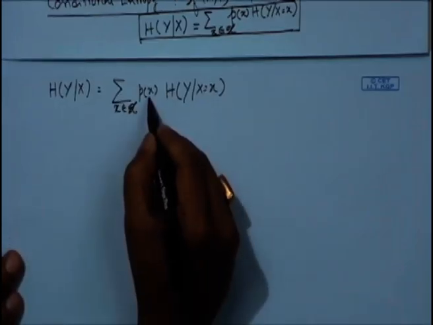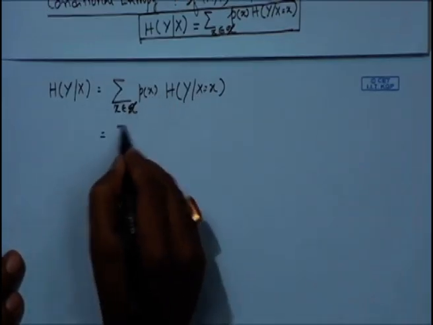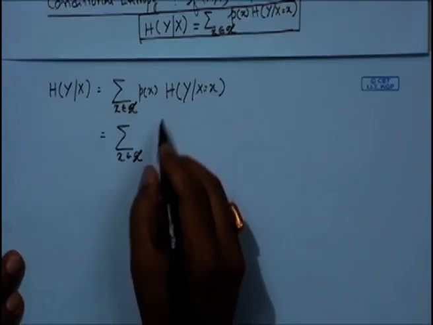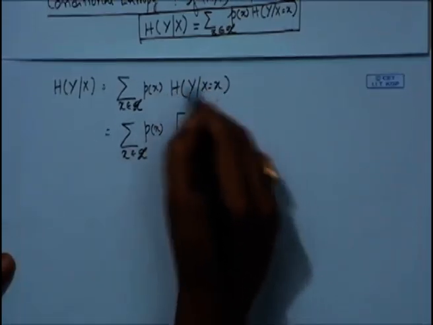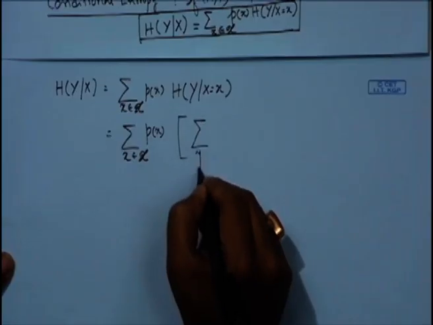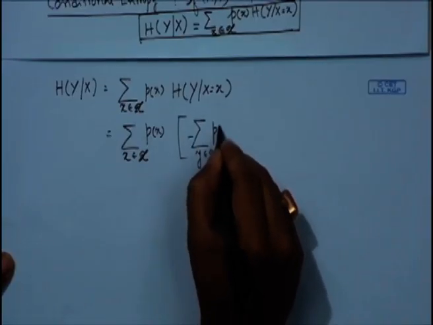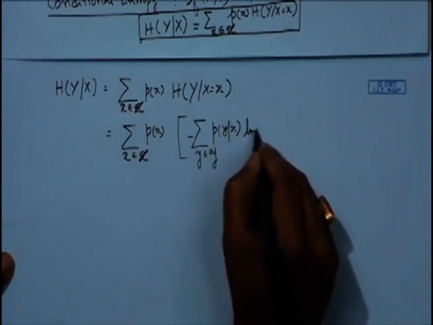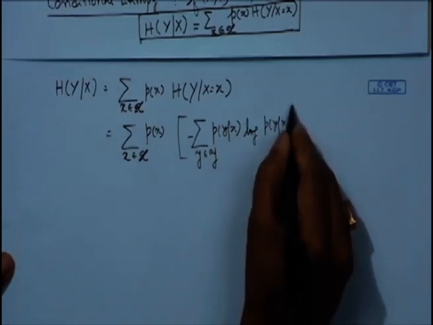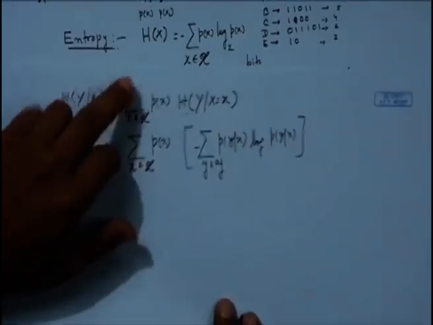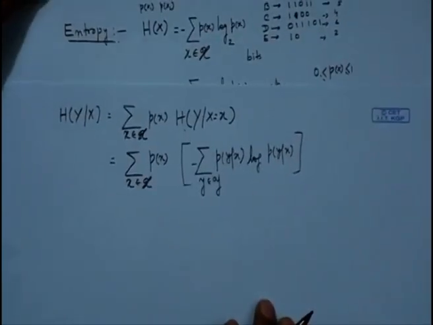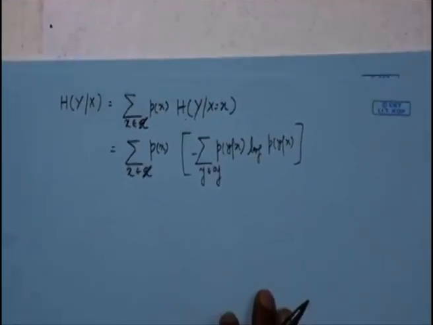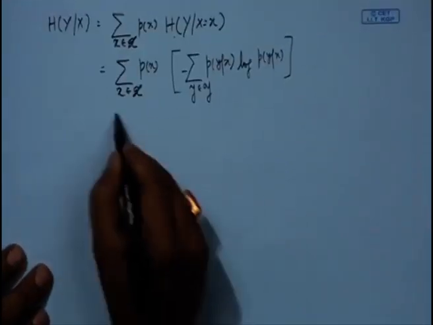So you are weighing this with the probability, and you could write this as the sum over x element of capital X of p(x) times the sum over y element of capital Y of minus p(y|x) log p(y|x). This is straightforward given the definition of entropy above. So if we look at the definition of entropy here, following that we could write this description, right.